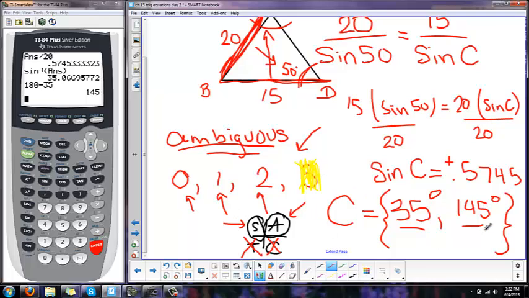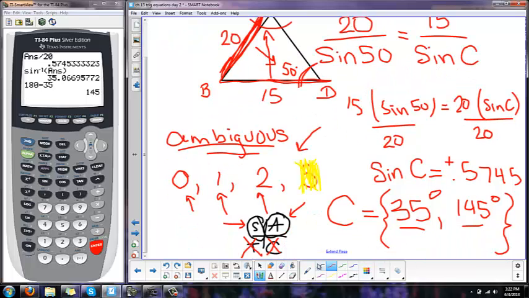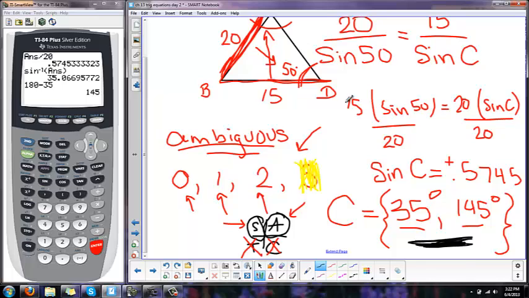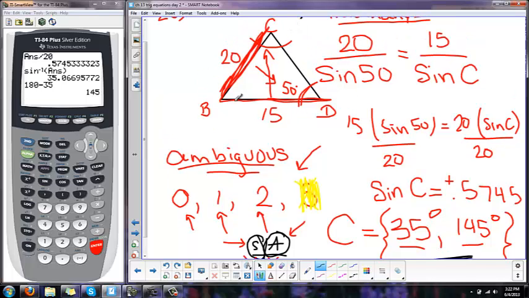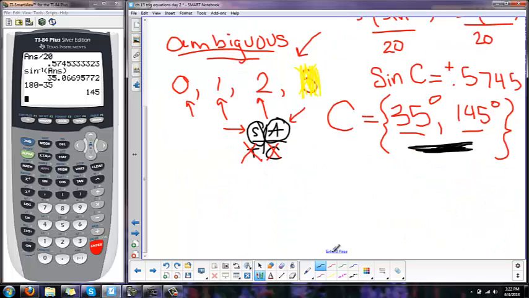So I have two possible angles that could be true in this triangle. Okay? Now, we still haven't answered the question of how many triangles. We figured out what our answers were, which is fantastic. We know that our answers are 35 degrees and 145 degrees. But in order to answer the question how many triangles are possible, we have to think about the situation that we're in. Let me draw another triangle of what we're looking at just so that it can be a clear new picture for us.